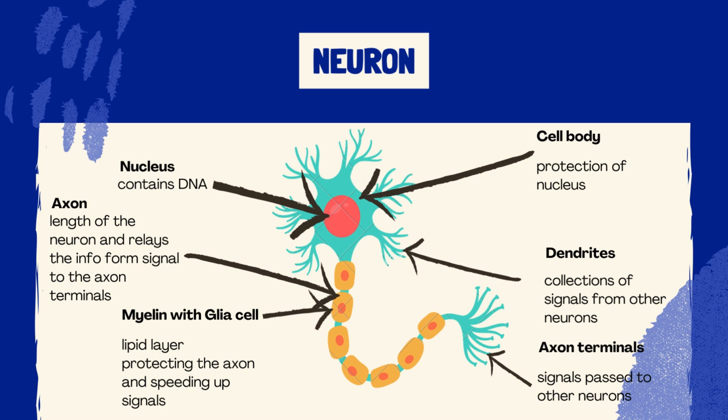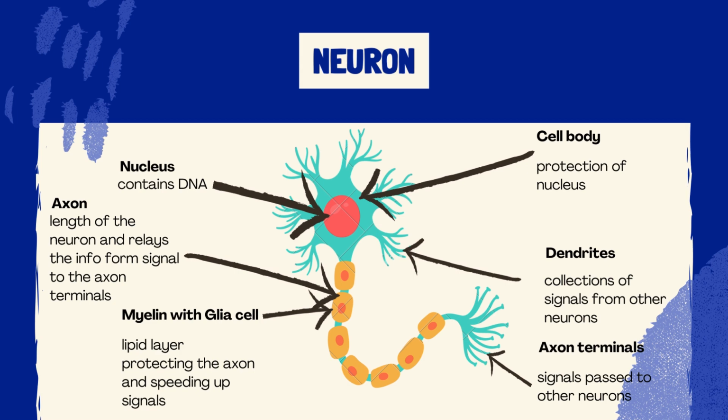The cell body contains the nucleus. The dendrites are the tree-like branching projections from the cell body, which collect signals from other neurons. Next comes the axon, which is the length of the neuron, and it relays the information to the axon terminals.